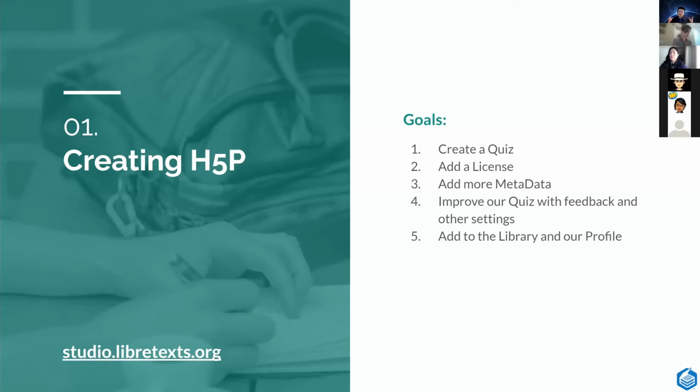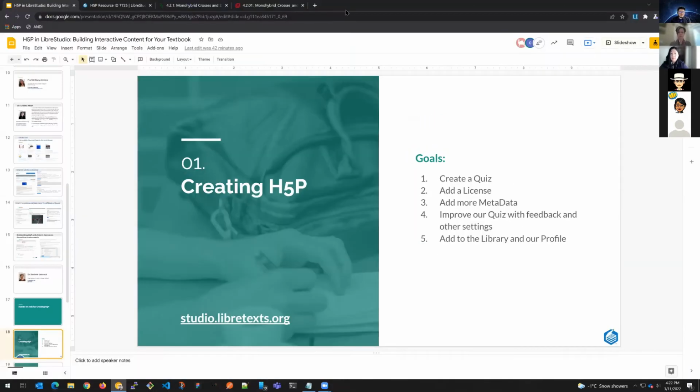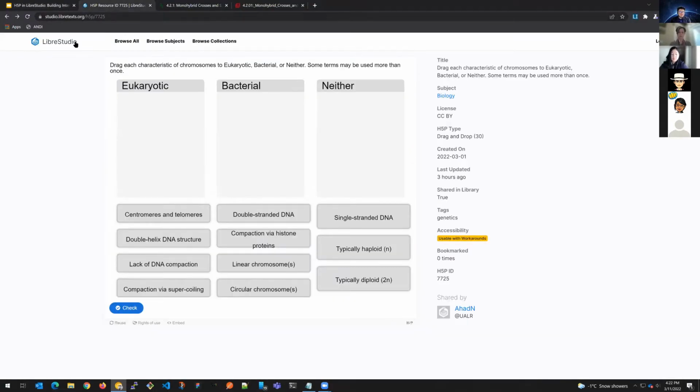We'll improve our quiz by adding some feedback for the learner, so they can get immediate feedback on their learning. And we'll also add that quiz into the library so other instructors can find it. We'll also add it to our profile so that we can build a bit of a portfolio of our resources.